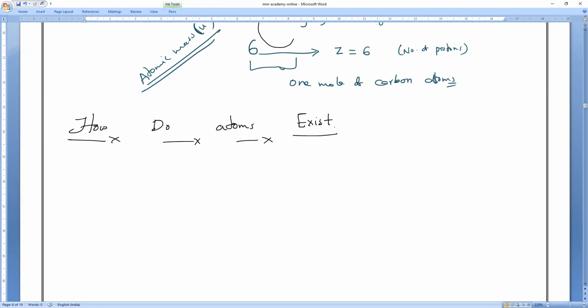Atom is the smallest particle of any substance which cannot be divided further. It cannot exist independently. Do you remember that? Check it.